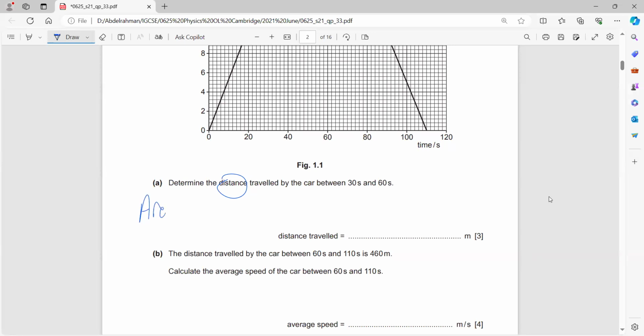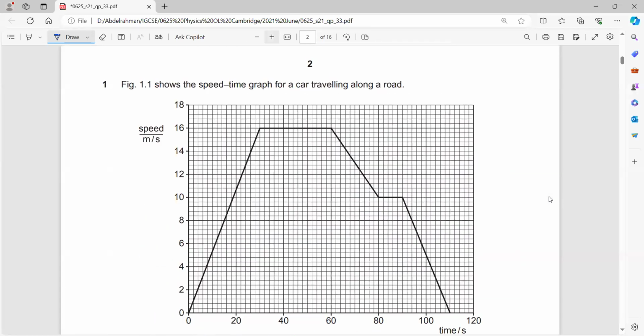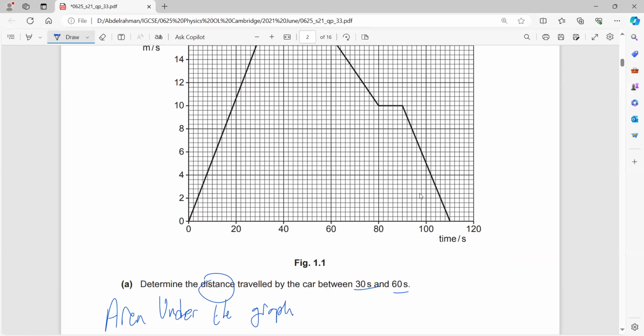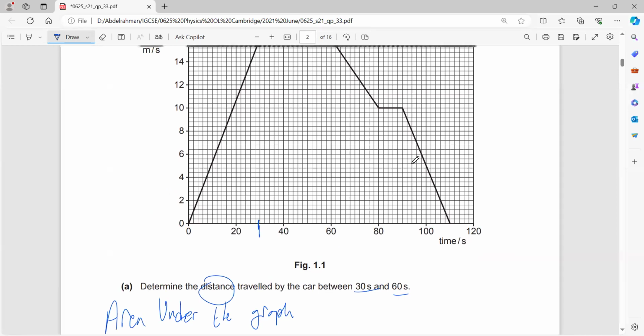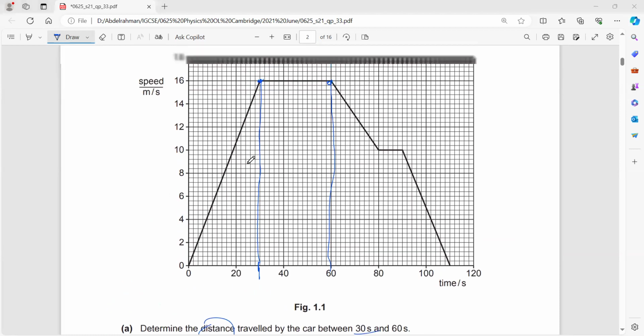Here, the area under the graph between 30 and 60 is very easy. Between 30 and 60, this is a rectangle. Length times width. The length here is 30 and the width is 16.